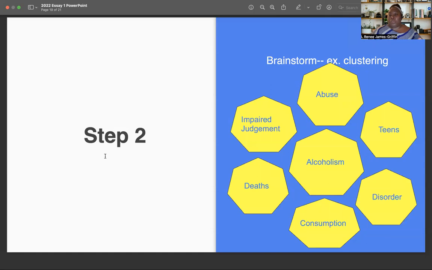And so I decided I was going to do something called clustering. I wrote the word alcoholism in the middle. And then for 5 or 10 minutes, I just jotted down my thoughts and ideas about this word. So some of the things that I came up with: impaired judgment, abuse, teens, disorder, consumption, and deaths.